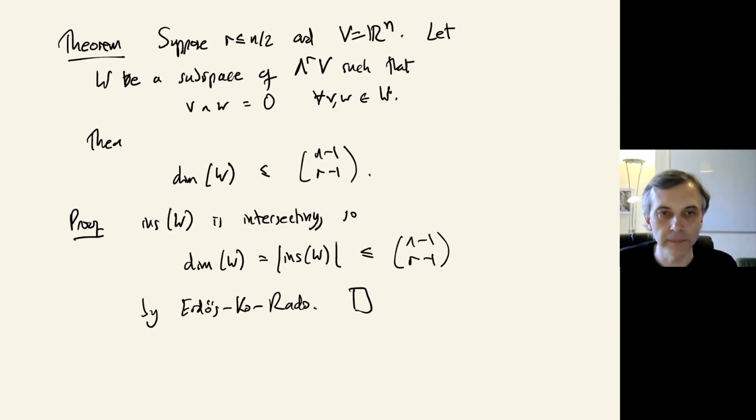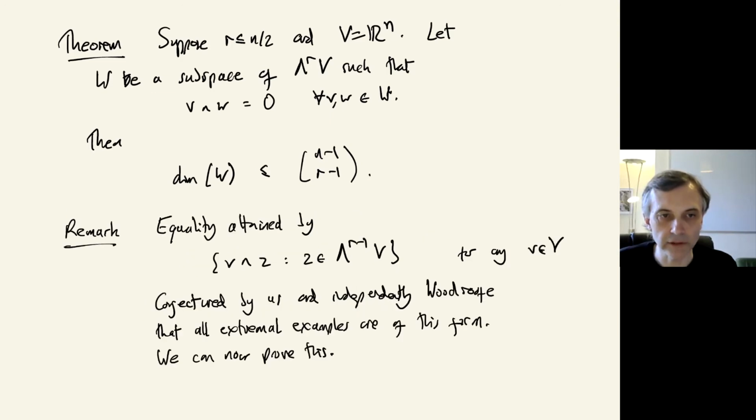Right. Just as a kind of side remark, when do you get equality? So if r is less than n/2, well, in general, you attain equality if you take all things that form v wedge z, z in the (r-1)-th exterior power. Okay, so you take any vector v and then wedge it with the (r-1)-th power, and the dimensions work out.